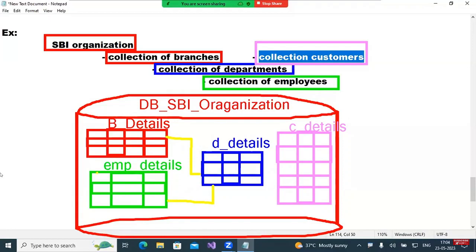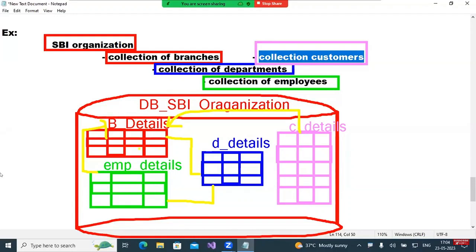Again, employees have a relationship with whom? Branches. Next, customers have a relationship with the branches. So that means table to table, you have some relation now. Yes. This is how the data can be stored.